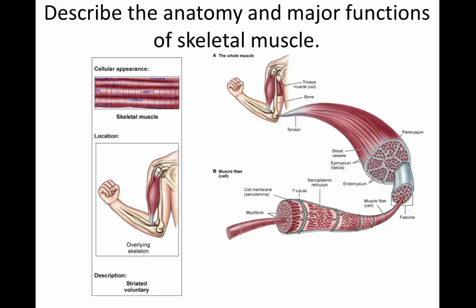On the inside of the cell, connected to the T-tubules but separated by a membrane, is the sarcoplasmic reticulum. Sounds like a mouthful, but again, the sarco is referring to muscle cells, and then the plasmic reticulum is referring to the overall tubular structure, just like we looked at the endoplasmic reticulum earlier in the course.